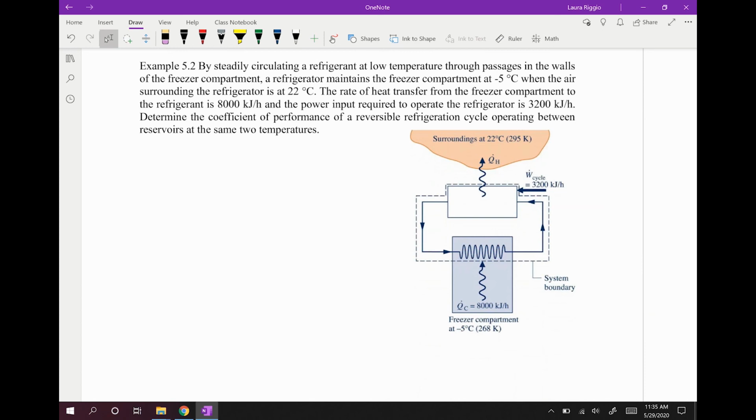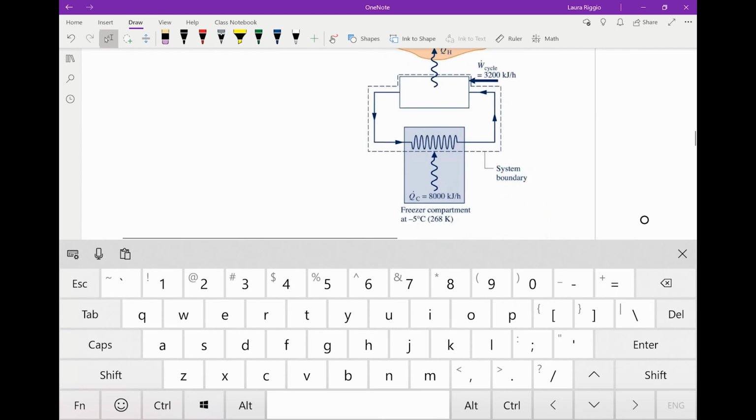We're asked to determine the coefficient of performance for both a reversible refrigeration cycle and our real cycle, and then determine how the cycle is operating.